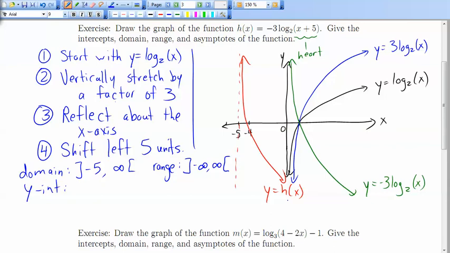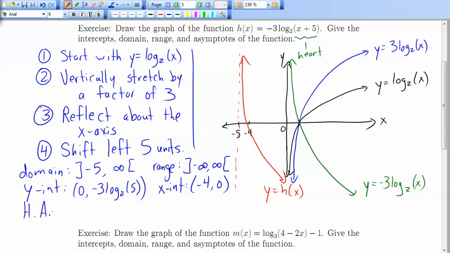Looks like we've got a negative y-intercept. Of course, all I have to do is plug in x equals 0 into my function, and I'd find that the y-intercept is at 0, comma, -3 log base 2 of 5. A perfectly wonderful number. For the x-intercept, we can see from the graph it's at -4, 0.